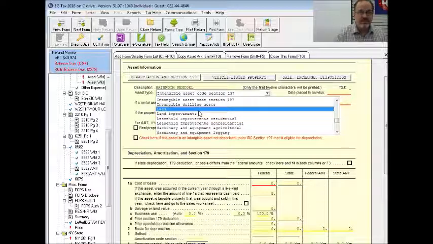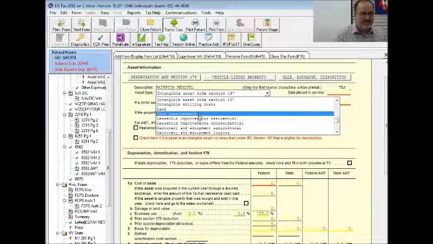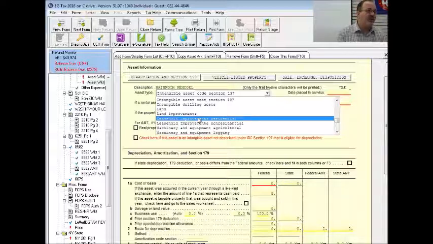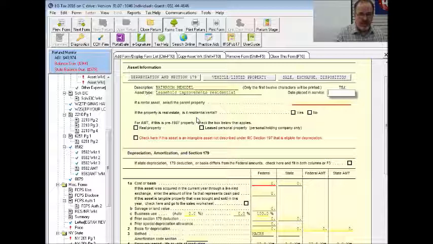Keep going down. See if there's something that pops up in the L's that you think might be appropriate. Mark, what do you see there? Oh, leasehold improvements, residential. Okay. If we take a peek down below, what does that give us for our recovery period?